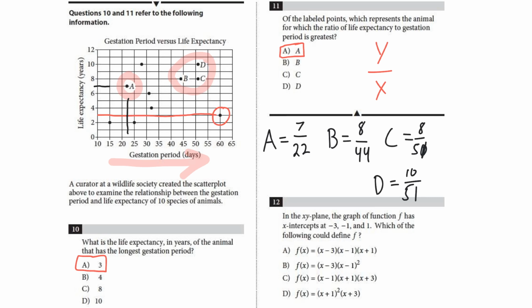We can see that A is clearly bigger than B, so B is not going to be it. A is also going to be bigger than C, and D as well. D is like 1/5. Okay, so A.